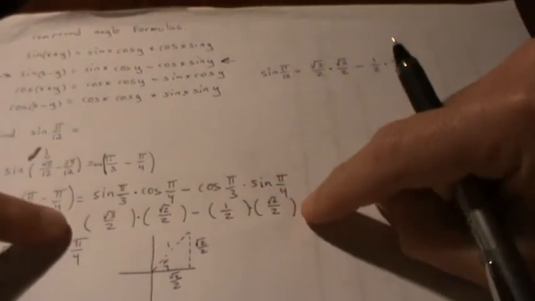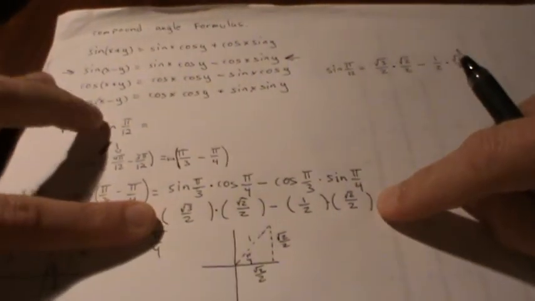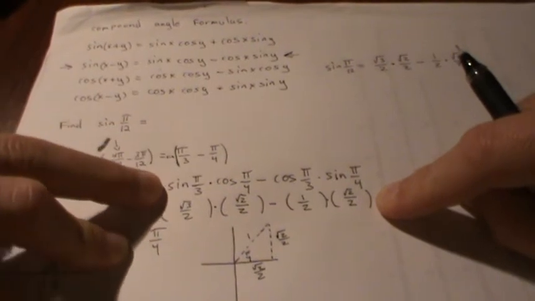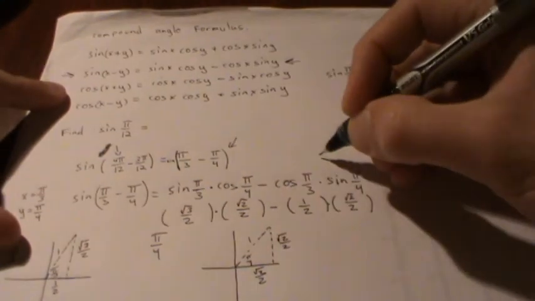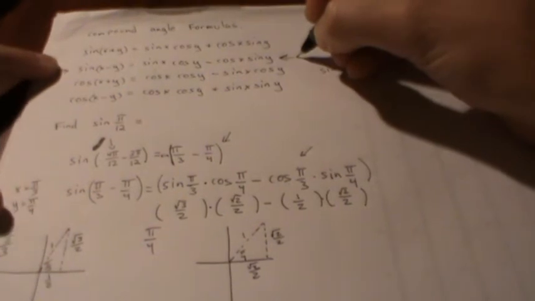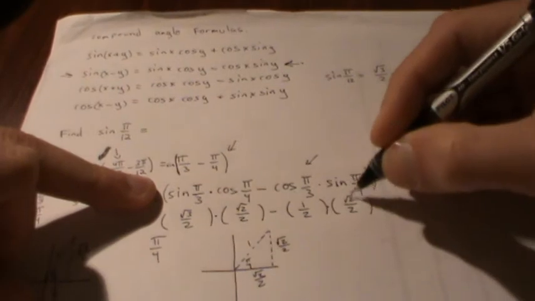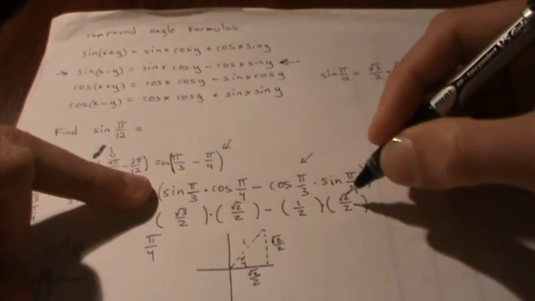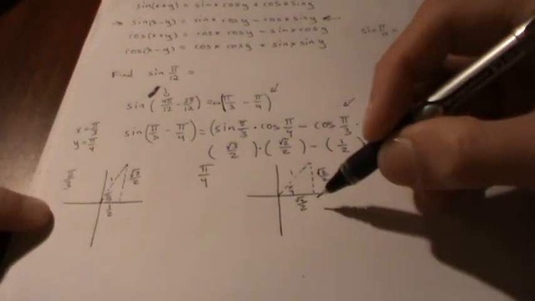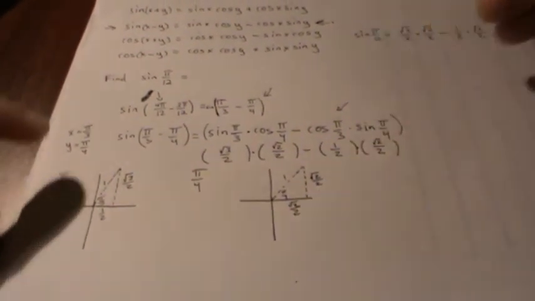Remember, I just took sine of pi over 12 and set it equal to this, which was reduced to that, and that is equal to that according to a compound angle formula, which I indicated up here. And then each of these parts of the compound angle formula are equal to these ratios due to the unit circle.